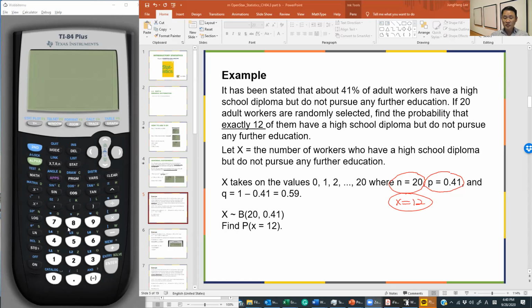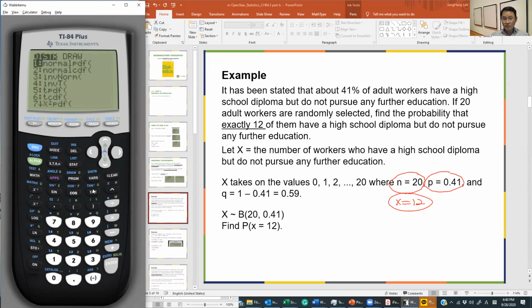Right there. So we're going to turn it on. Where do I go? Second, the VARS for distribution. Move it down all the way to binomial PDF. Enter.